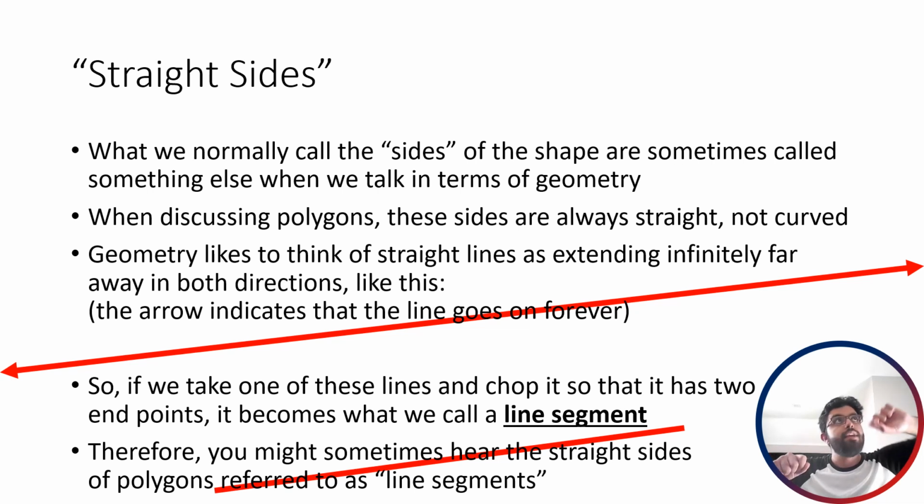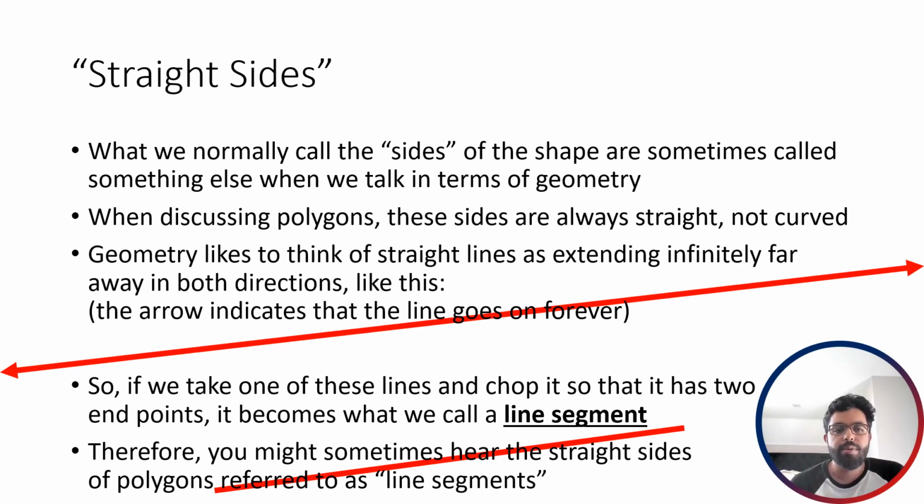It would draw you a line that keeps going that way and that way forever. The line doesn't have a starting point or an ending point, and it just goes on forever and it cuts the universe in two. Not great, right? So when we draw an actual line in geometry, obviously we would run out of time and energy and paper if we tried to draw a line that actually goes on forever.